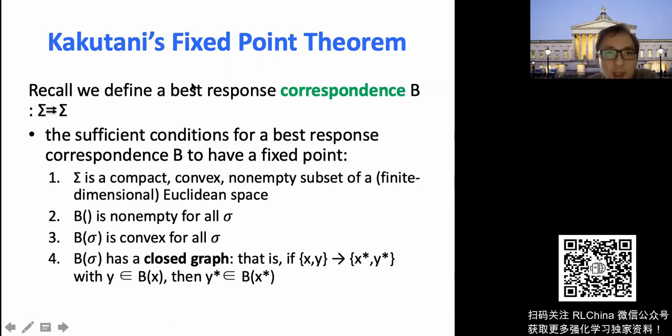We're not going to go through this fixed point theorem, but rather, based on this theorem, really prove the existence of Nash equilibrium.